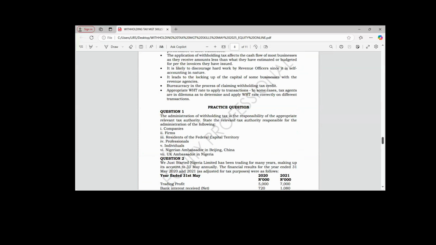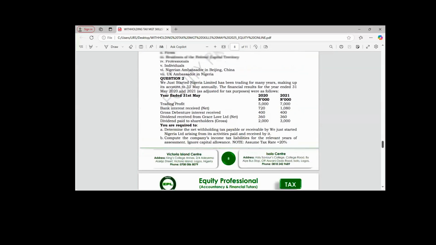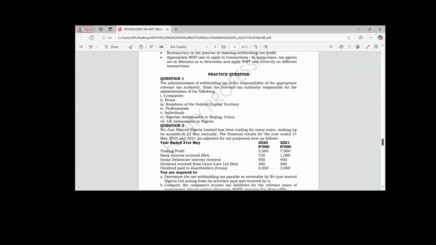We are starting with question number one, which is on page 8. We are going to solve this one by ourselves, because I have already explained these in our previous class, so it's just for a better understanding.